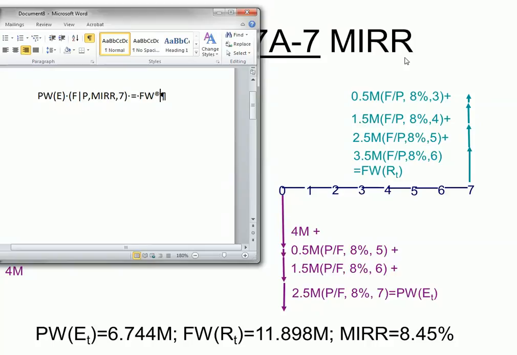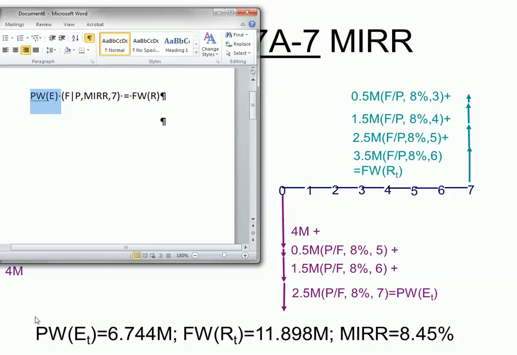Alright, so now we got this. We're going to plug in the values. We plug in the value of present worth of expenses, and that's this value here, which is 6.744 million.